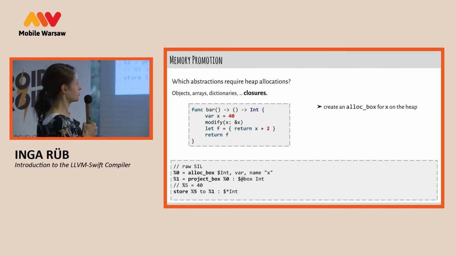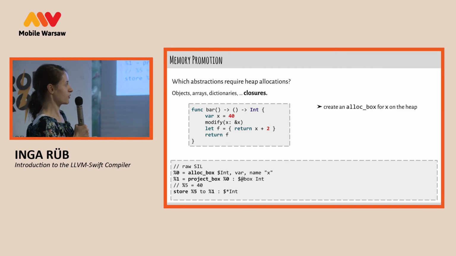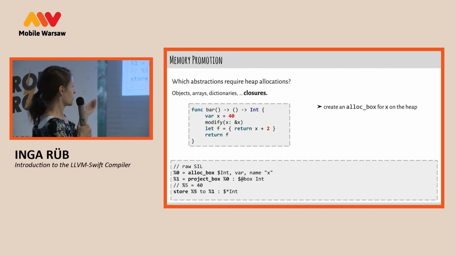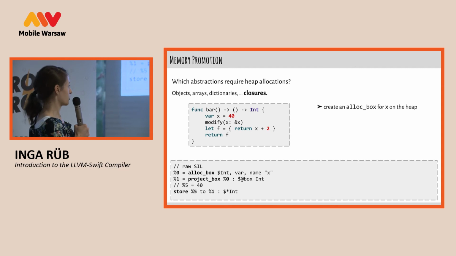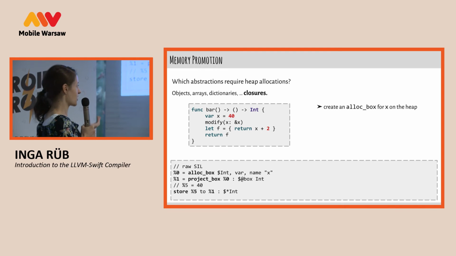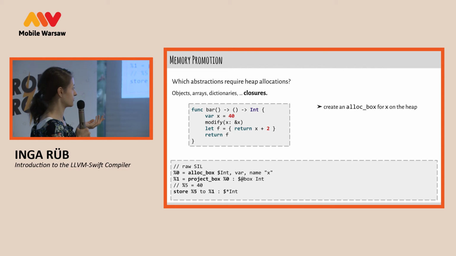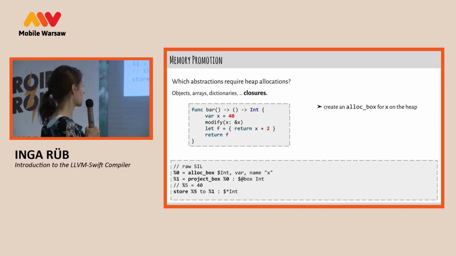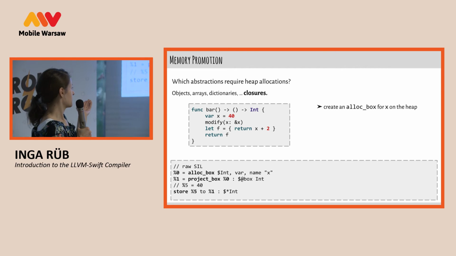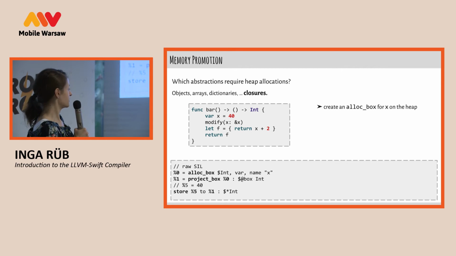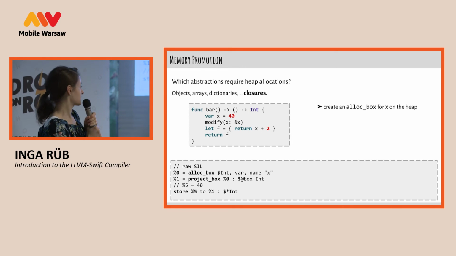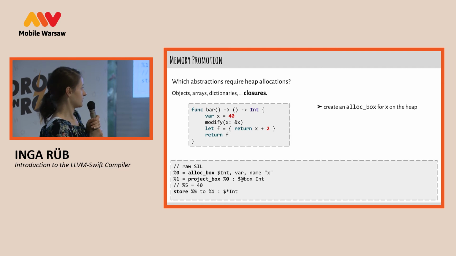At first, we want to allocate memory for x variable. So what we do is we use the instruction alloc_box, which allocates memory on the heap. Then we retrieve the address of the variable with the instruction project_box and store the value. Number 5 is 40, and in the last line we just store this value in the variable.